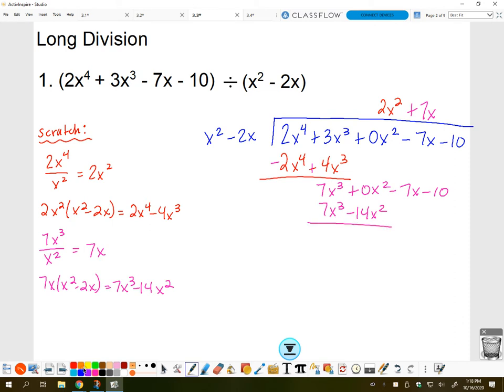Go through and subtract. Bring down the extras. Alright, repeat. So first thing underneath, divided by first thing outside. Write that down up top. Multiply by what you're dividing by.